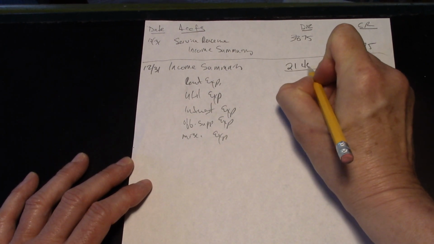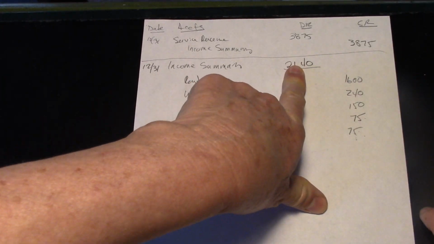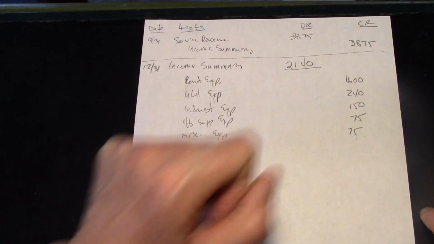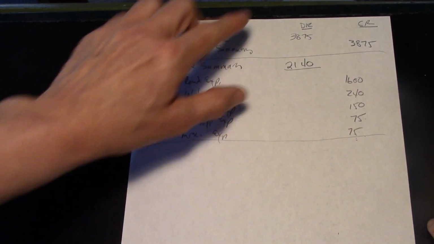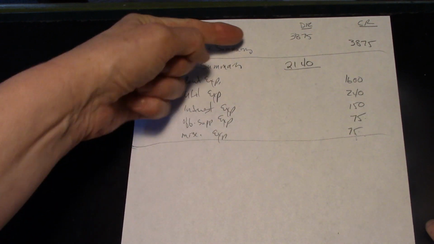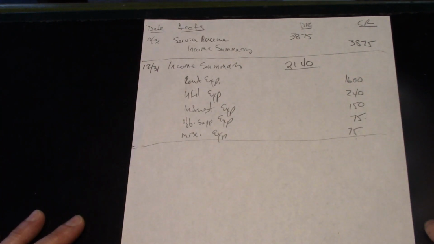So 2,140, that's what we're going to debit to income summary, so that way our debits equal our credits. So we've closed the revenues, and we've closed the expenses.